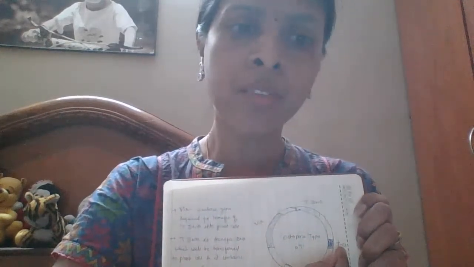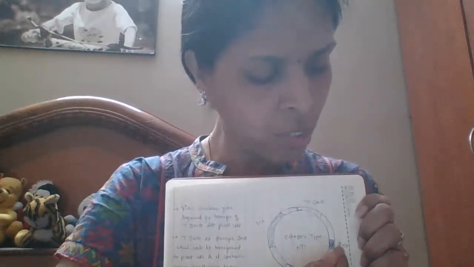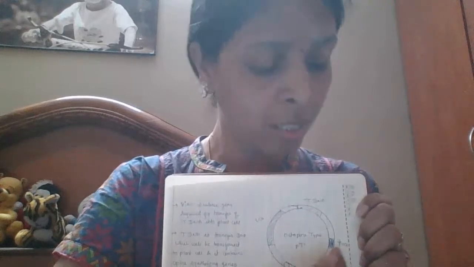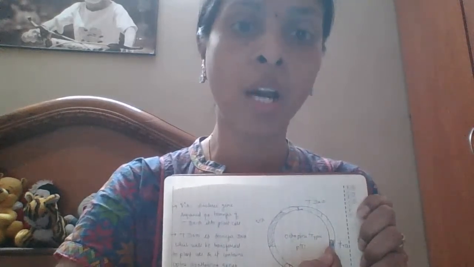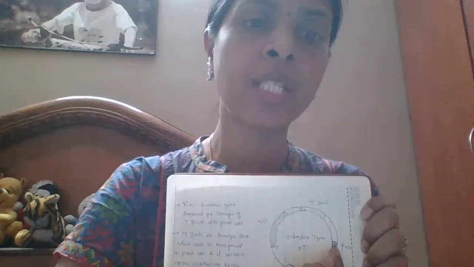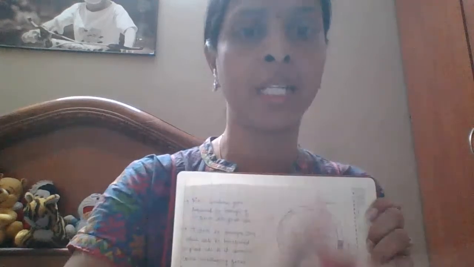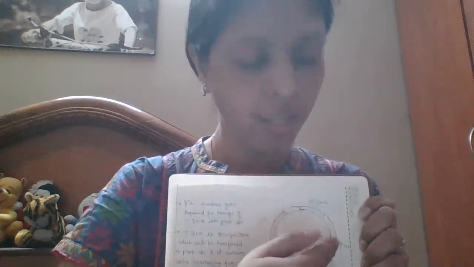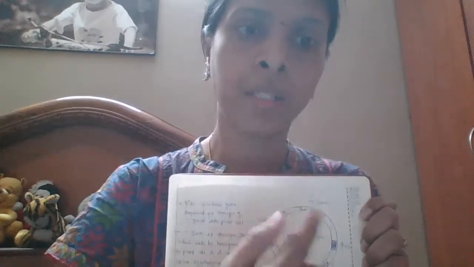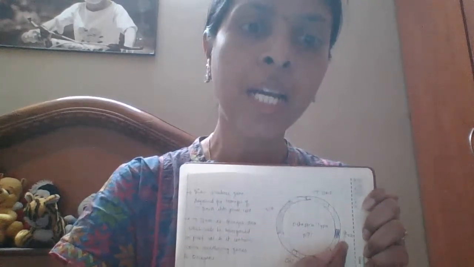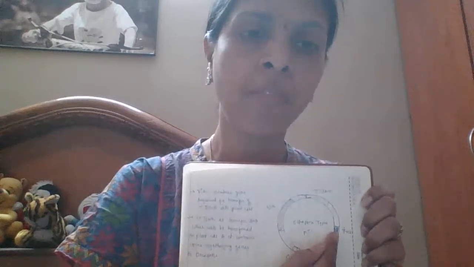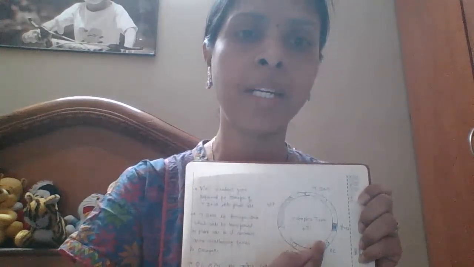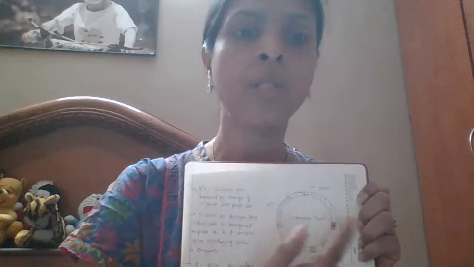Now there is one region called TRA. What is this TRA region? It is the genes which are responsible for the conjugative transfer of this plasmid from one agrobacterium to another agrobacterium. Just listen carefully: the TRA region is responsible for transfer of this plasmid from one bacteria to another bacteria.